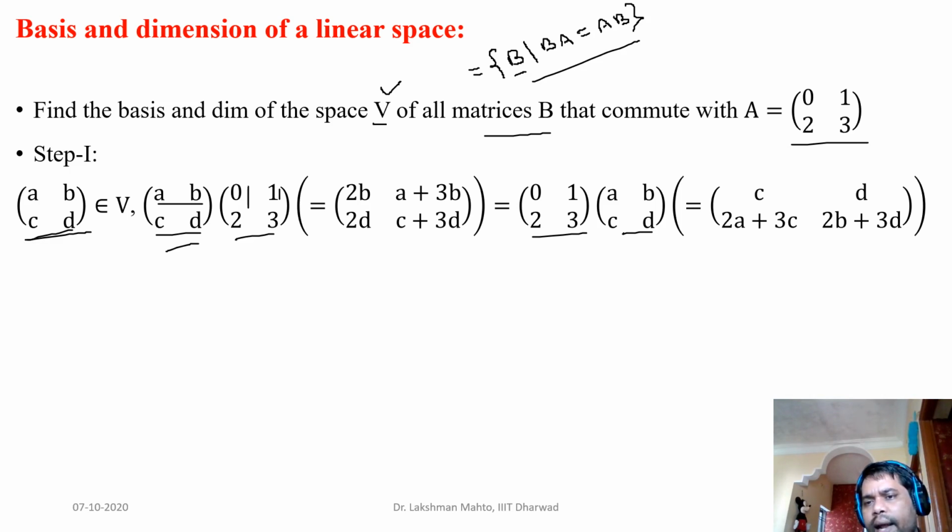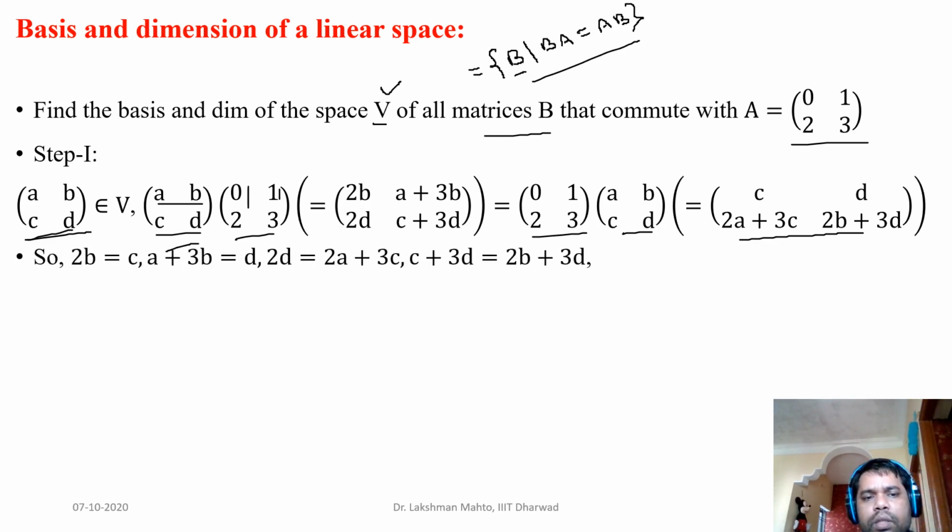Similarly, on the right hand side, you will get this product matrix. But from the concept of equality of two matrices, you will observe this equation. It says that 2b equals c and a plus 3b equals d, and you can observe that the last two relations happen to be redundant.